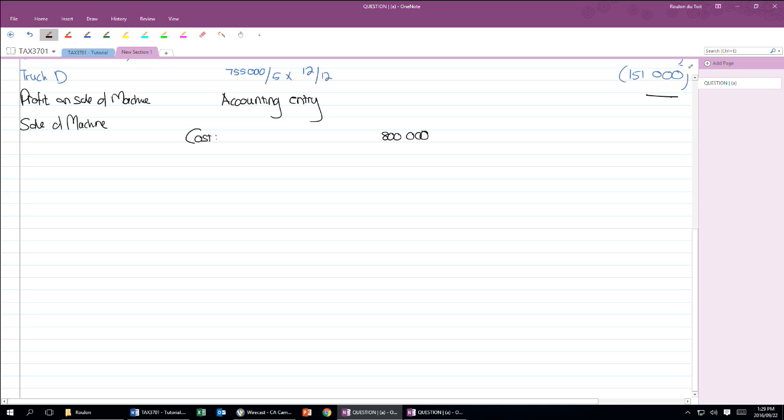800,000 rands. Then from there you deduct all of the capital allowances that have been claimed. So in 2012, they don't tell us if it was second-hand or new, so we assume that it was new. So 800,000 times 40%, 320,000.